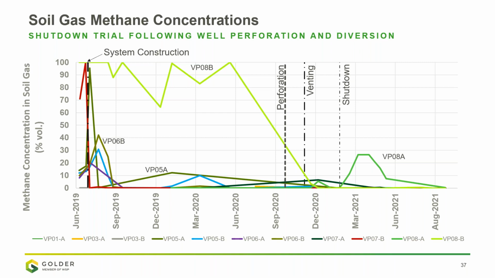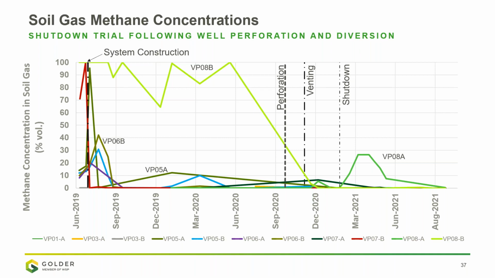And then we have the perforation and the venting, and then the shutdown of the soil gas extraction system there. And you can see overall that the concentrations are now much lower than they were prior to the soil gas extraction system being constructed. But both the concentrations have decreased following the shutdown and the perforation.